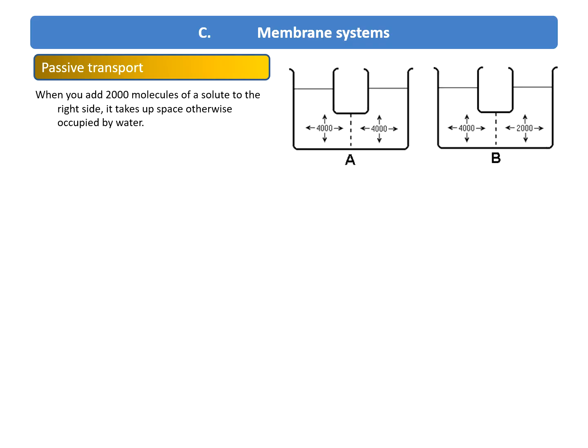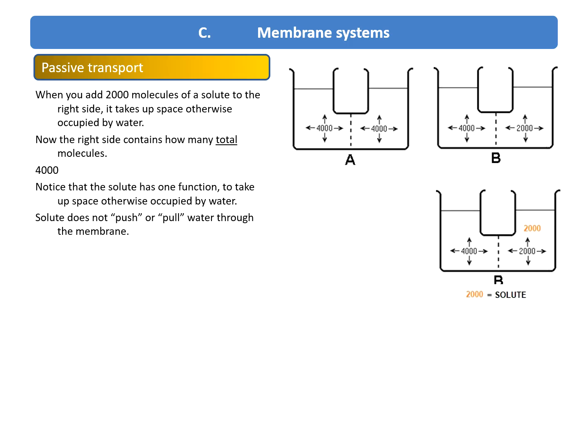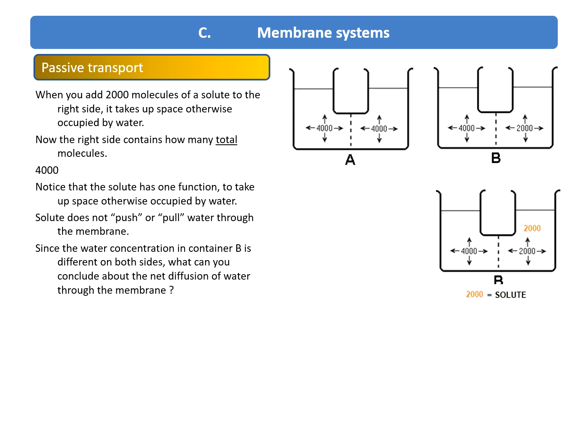When you add 2,000 molecules of a solute to the right side, it takes up space otherwise occupied by the water. Now the right side contains how many total molecules? 4,000. Notice that the solute has one function, and that is to take up space otherwise occupied by water. Solute does not push or pull water through the membrane.